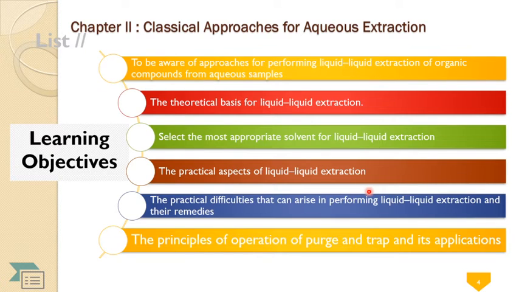Then we study the practical difficulties that can arise in performing liquid extraction and their remedies. When we extract the liquid sample, what types of difficulties occur, like a milky layer or difficulty in separation of the two layers.